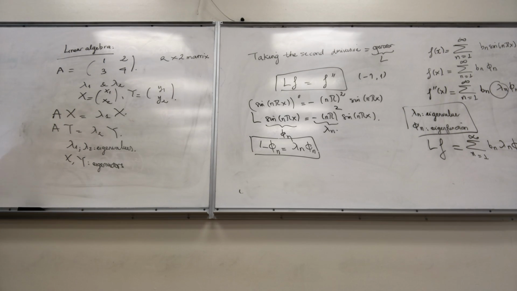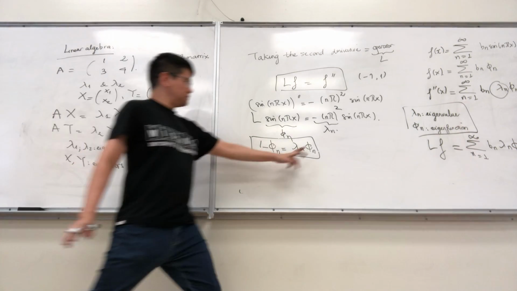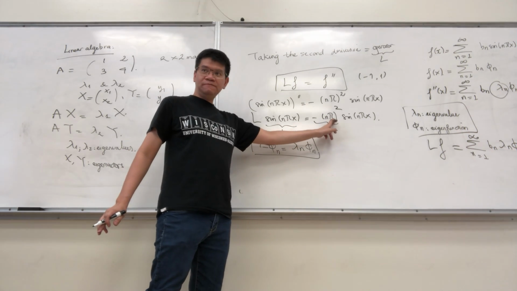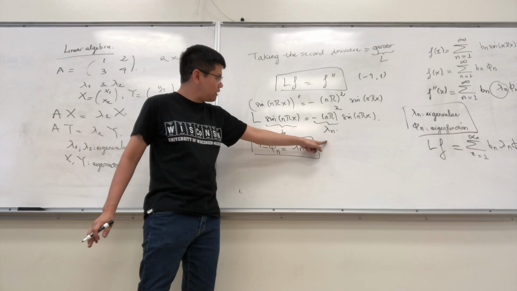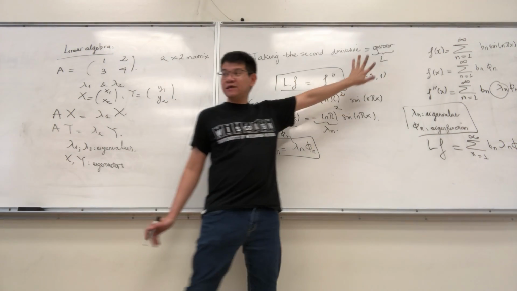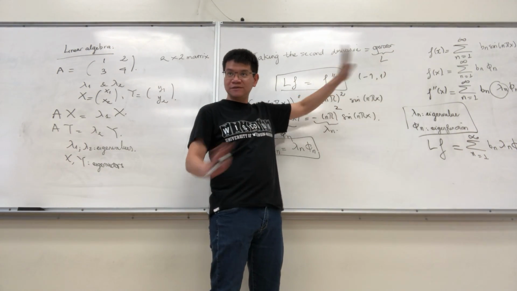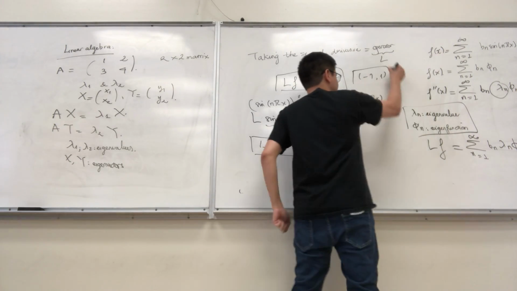Questions? So in this case, the sines are eigenfunctions of the operator L, which is the second derivative, and the lambda n is minus n pi squared, which are the eigenvalues of this operator. And of course here everything is considered on minus 1 to 1 because we are from the beginning on this interval.